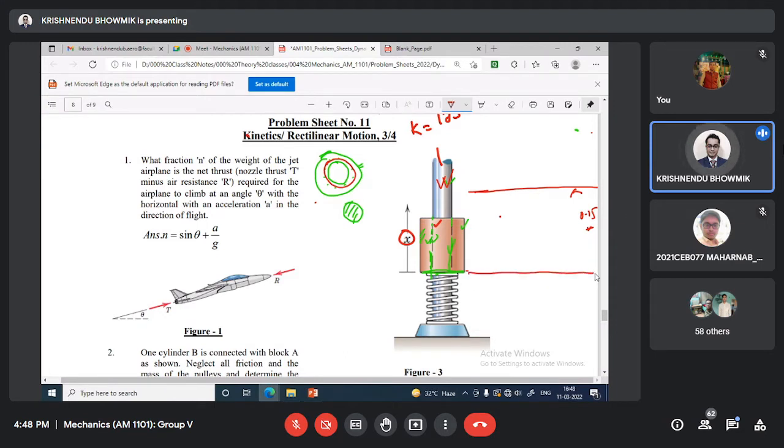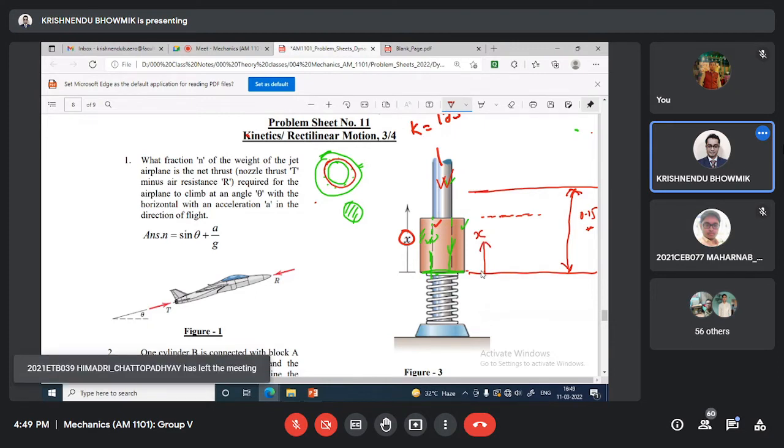Let this be the time when it has been released. So this is basically the direction of x. This is the maximum value, and I am measuring everything here. Maybe I am considering this as one state.